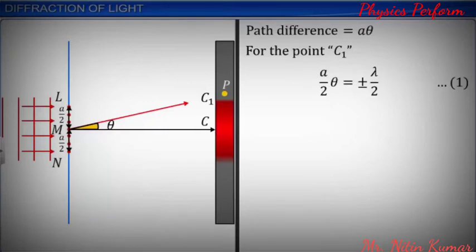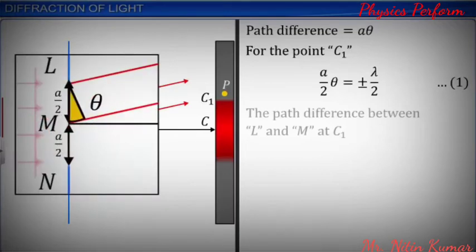Consider the waves from the point sources located at L and M reaching the point C1. Since these two sources are separated by a/2, the path difference between them at the point C1 is equal to (a/2) theta. Let this be equation 2.